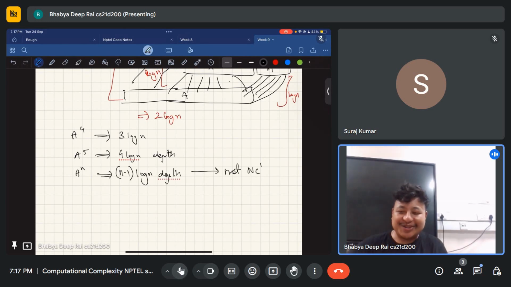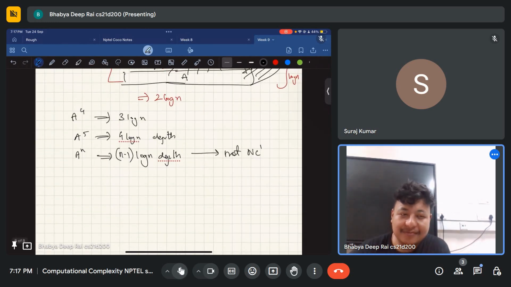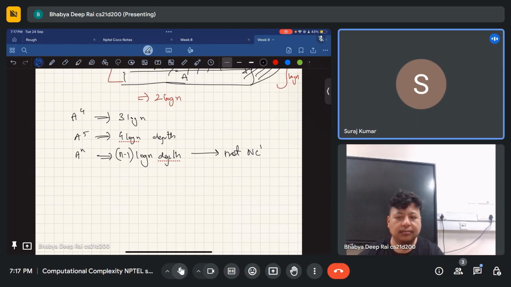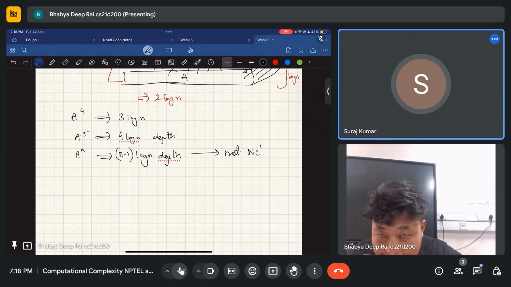So do you have any suggestion how we can compute a to the n more efficiently? Sir, maybe we can forget the labels after computing. Yeah.